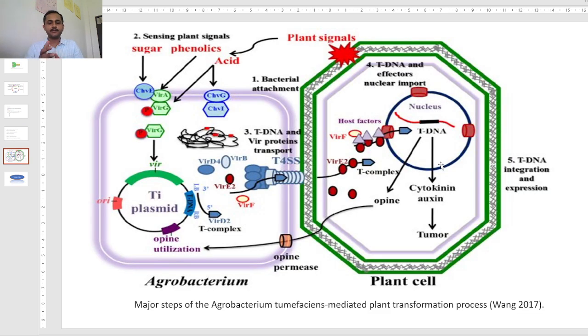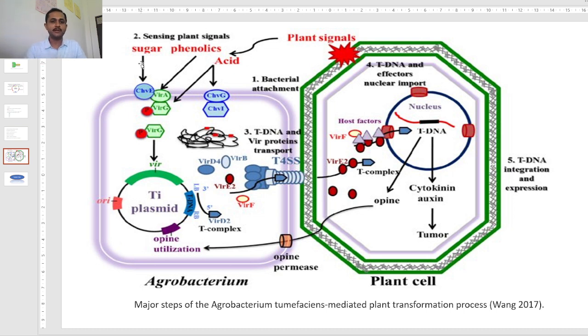So we would like to refer to this picture where a plant cell and a bacterium cell are shown together to inform us how this whole process starts. When any wound condition occurs, some compounds like phenolics, some sugars and some acids are secreted. If any agrobacterium senses them, it reaches the site where this wound is present.